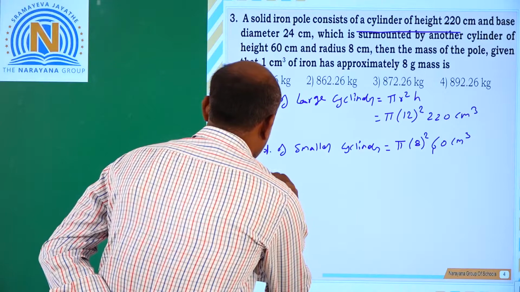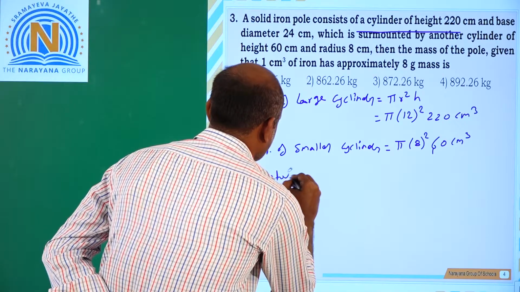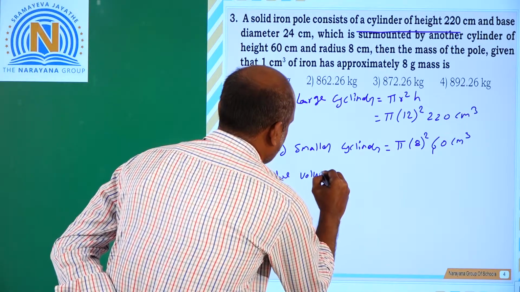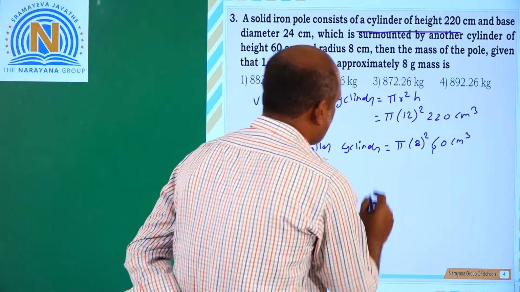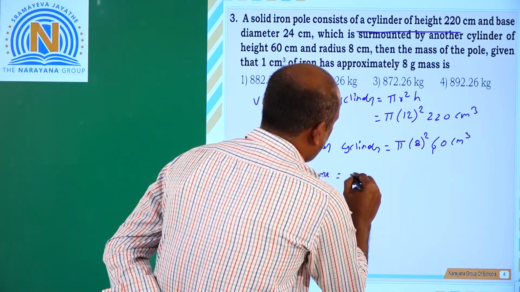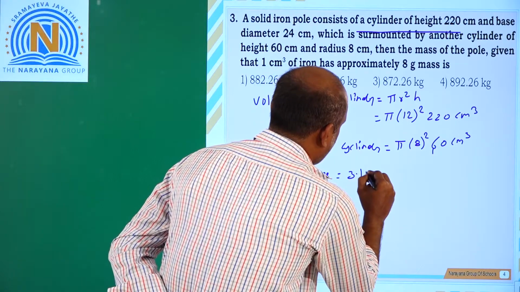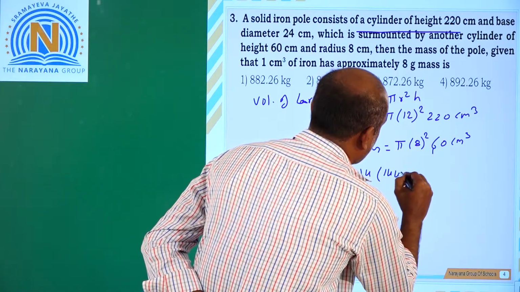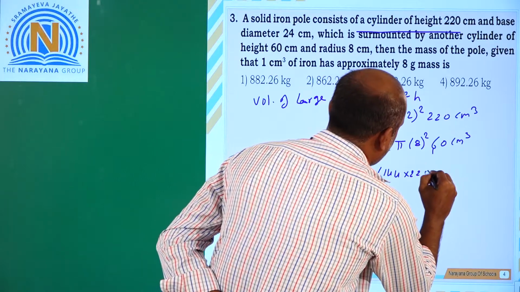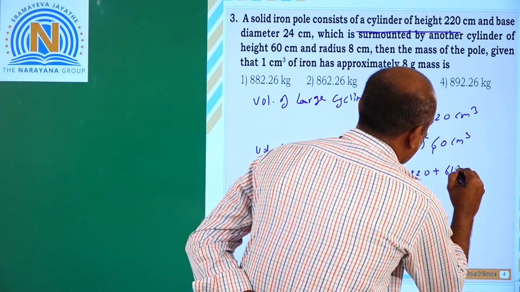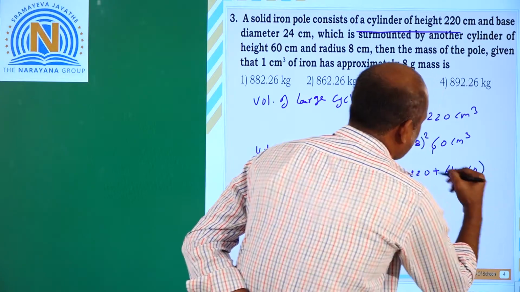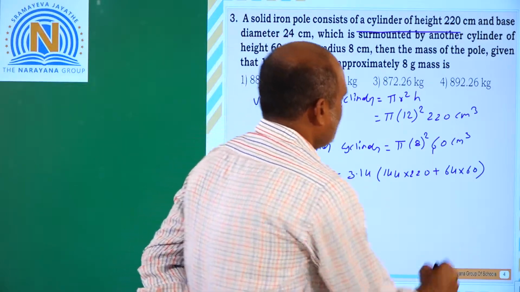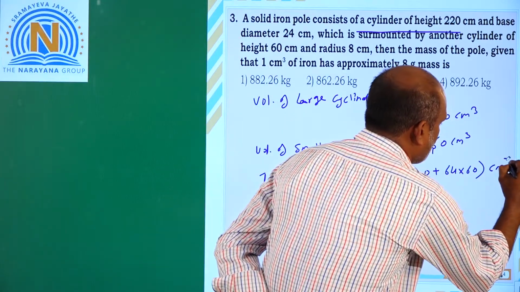Now the total volume is equal to pi, which is 3.14, into 144 into 220 plus 64 into 60 centimeter cube.